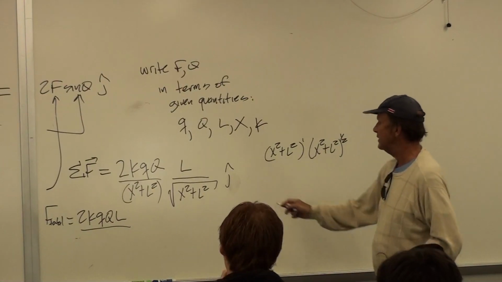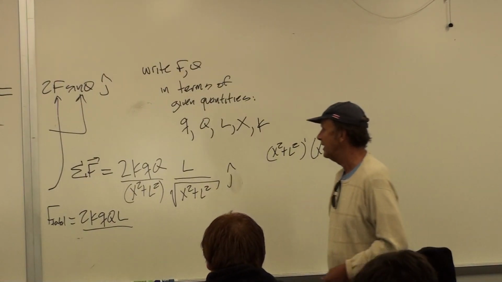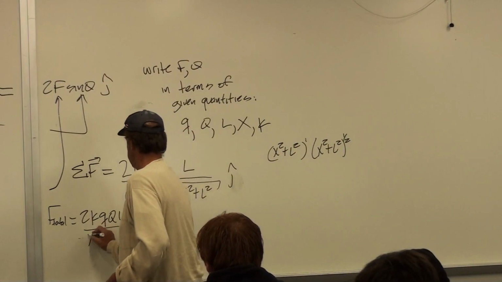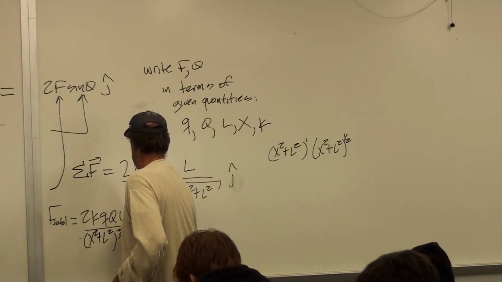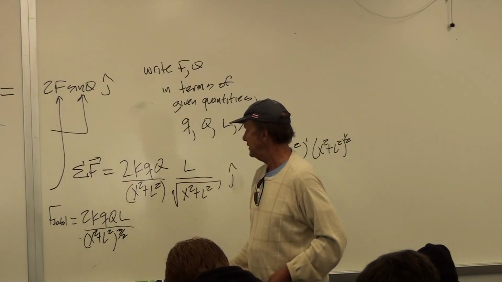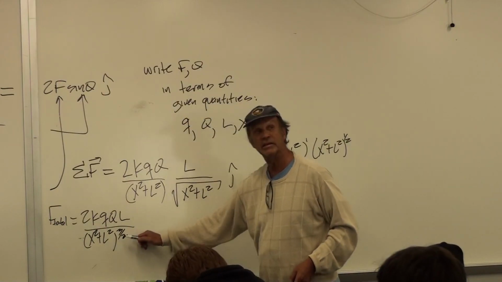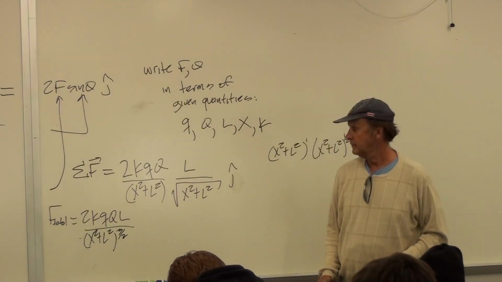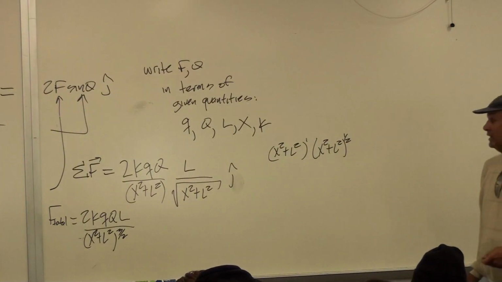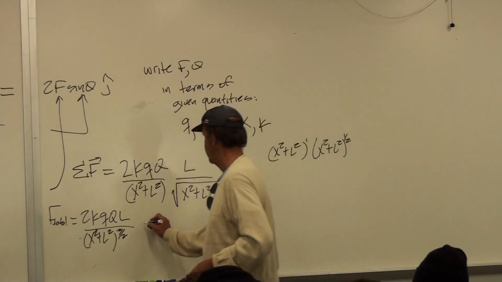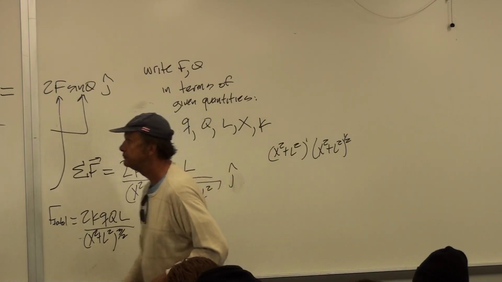So when we put them together, what does that give us in the denominator? Good. X squared plus L squared to the 3/2 power. And so it's the square root of this cubed. That's what the 3/2 power means, or to the 1.5 power, times some unit vector that points in the j-hat direction.